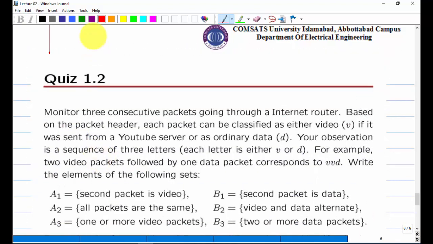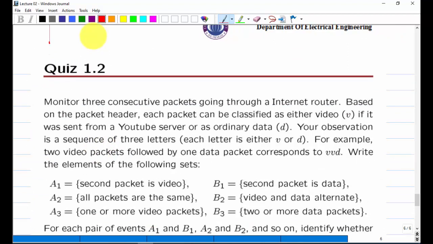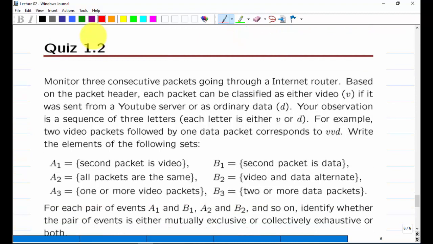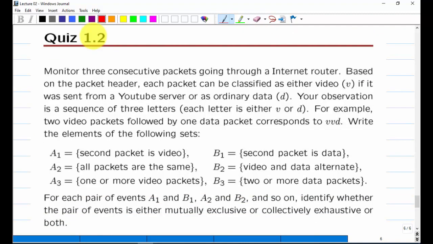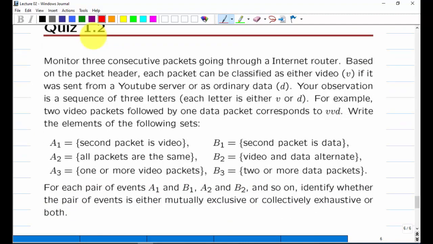So it is given as quiz 1.2 in the book. So it says that monitor 3 consecutive packets going through a internet router. Based on a packet header, each packet can be classified as either video if it was sent from a YouTube server, or as ordinary data D.